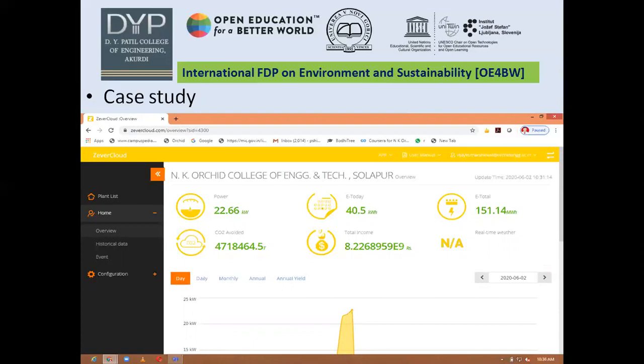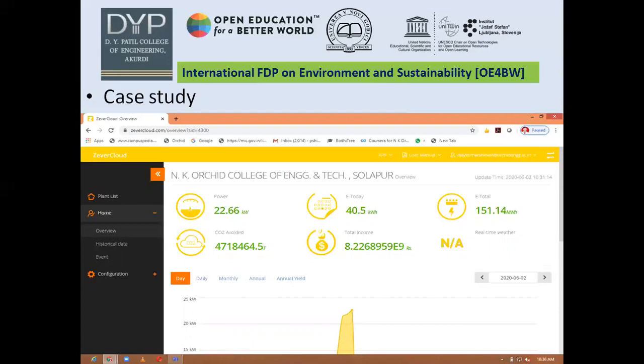So we have reduced our dependability to this much amount on our conventional energy sources. So definitely that is leading to a reduction in the CO2 emission. So we have reduced the CO2, the CO2 avoided is mentioned here, right?